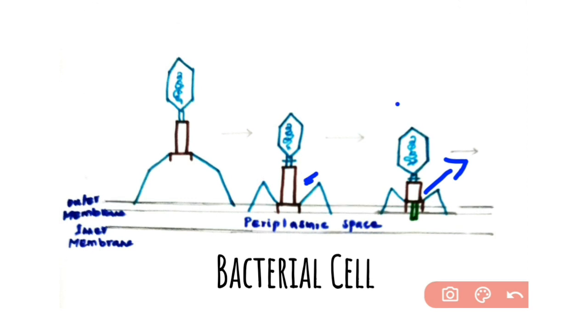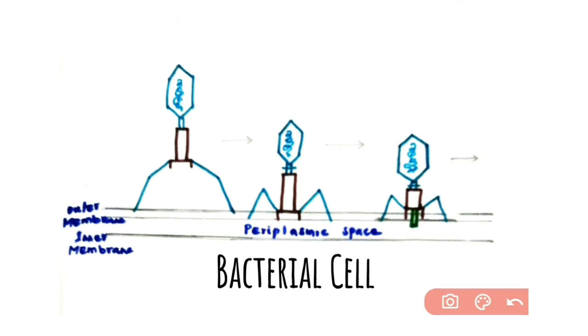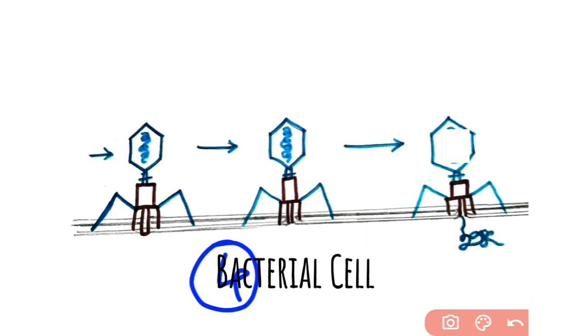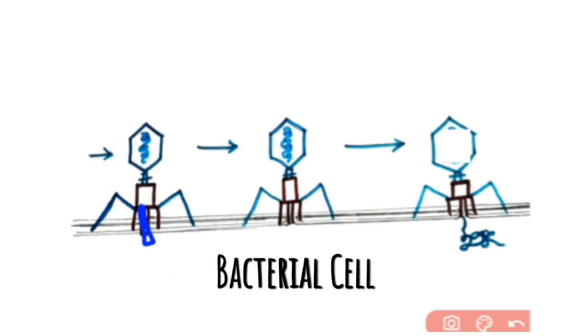The contraction of this sheath drives the tail tube through the outer membrane, creating a channel for the viral genome delivery. The next step is penetration and unplugging. The contraction of the tail sheath drives the tail tube through the outer membrane and also the inner membrane, and it creates a channel for the viral genome delivery.